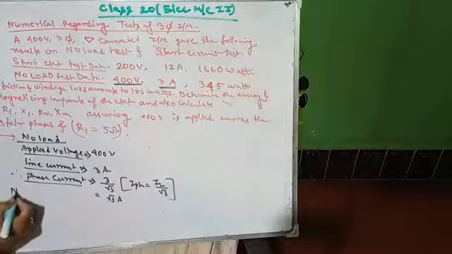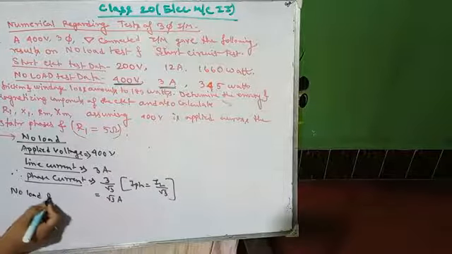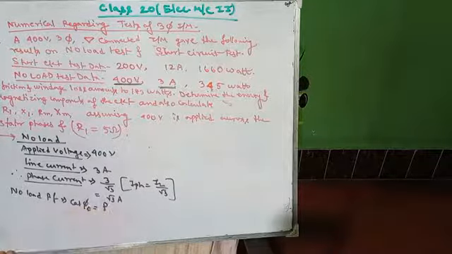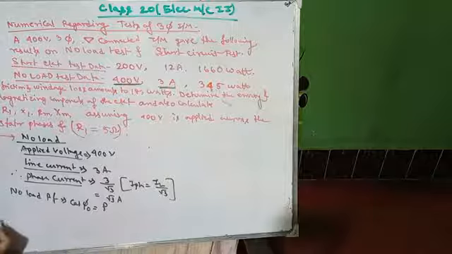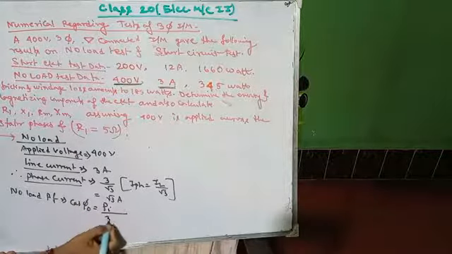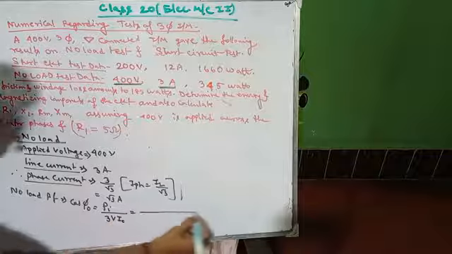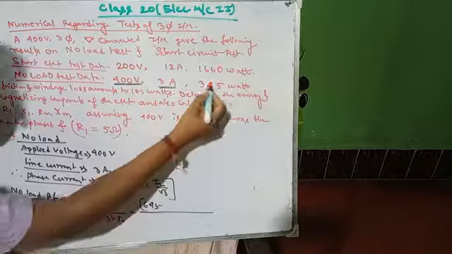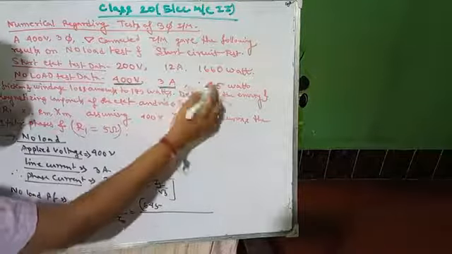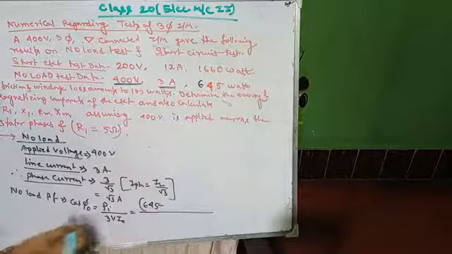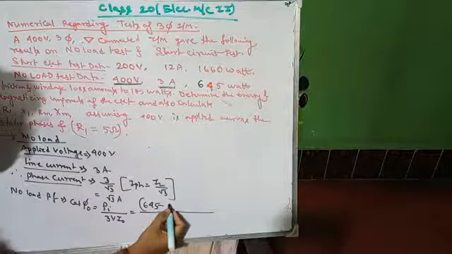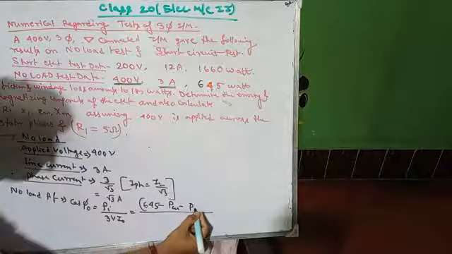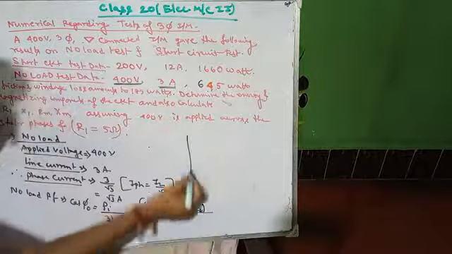Okay, so directly you can calculate the no load power factor, cos phi naught. The formula is Pi divided by V into I naught, where Pi equals 645 minus the copper loss PCU and the windage and friction loss PWF.